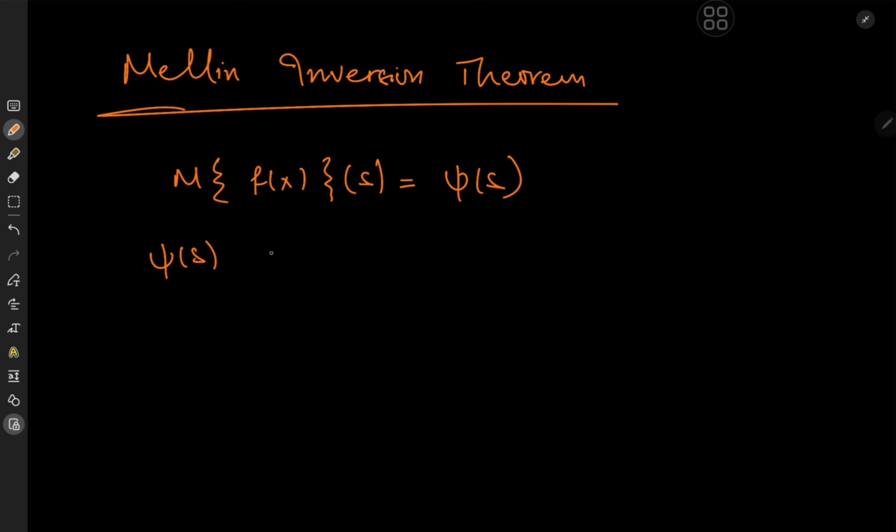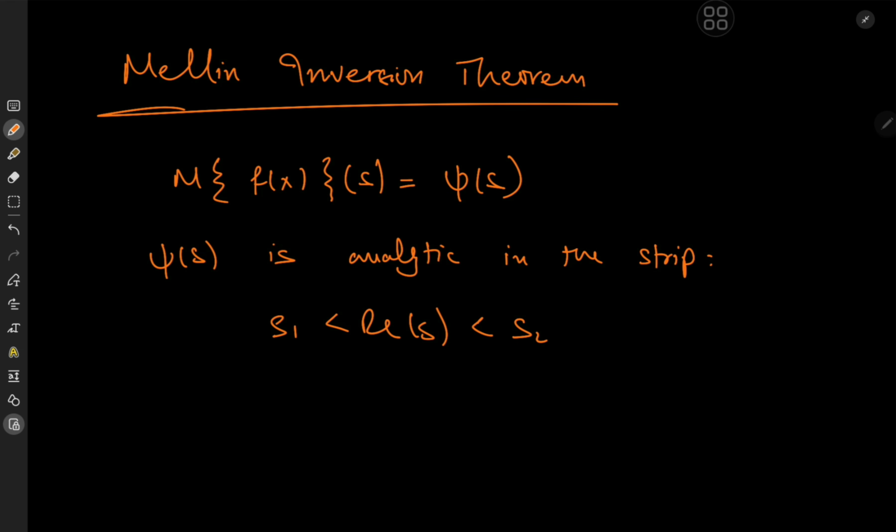So psi of s is analytic in the strip real part of s bound between a couple of real numbers that we'll call s sub 1 and s sub 2. And psi of s approaches 0 as the imaginary part of s approaches positive or negative infinity.